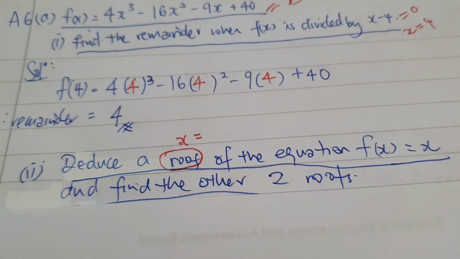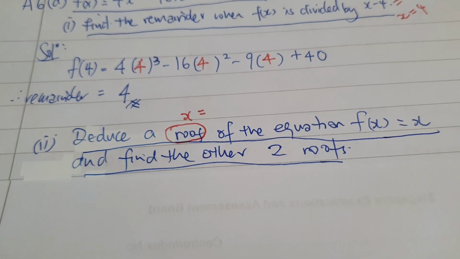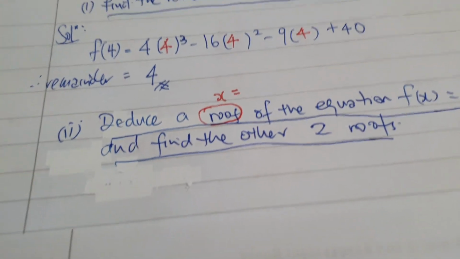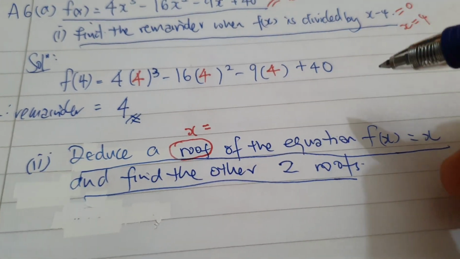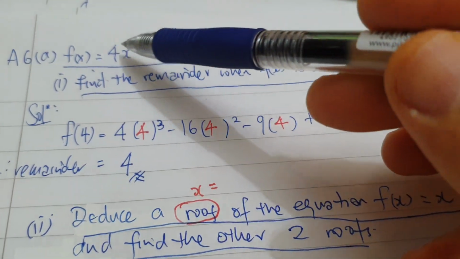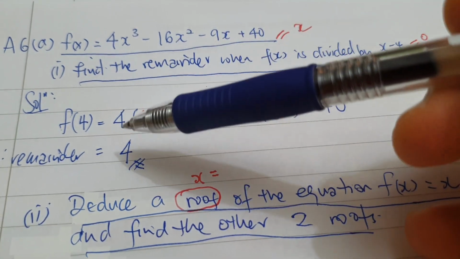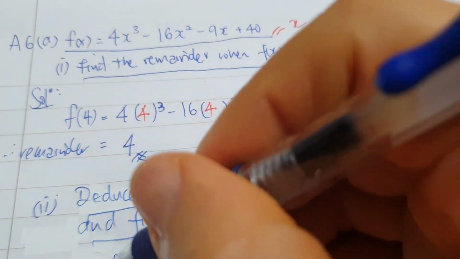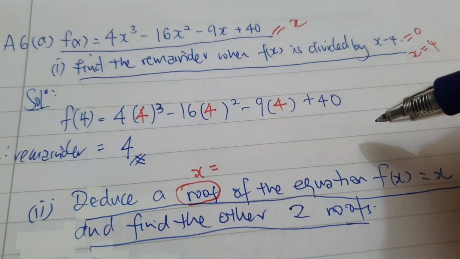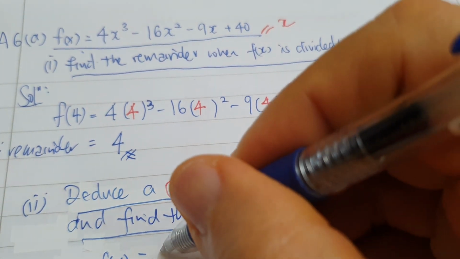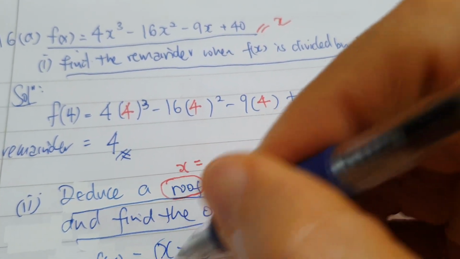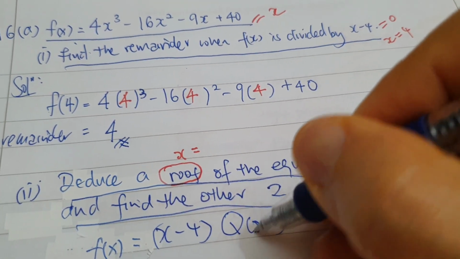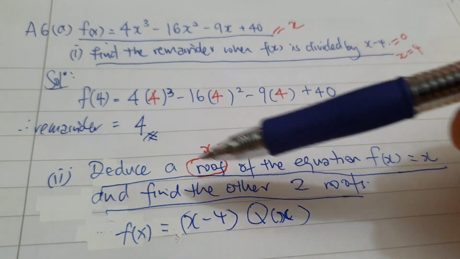You can think about it first, pause and think about it. Okay, so what I do is this. I didn't do anything. Okay, I know already. I was going to show you. So this first part here, by asking you to find the remainder, I hope you remember that what it means is that my fx, when it's being divided by this divisor, must be multiplied by another quotient, which I'm not interested in to know what it is, because this is a deduced question.